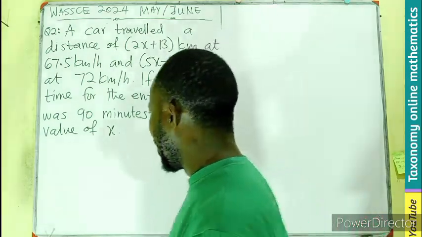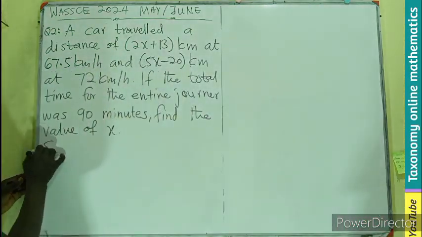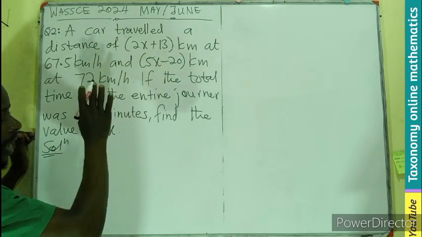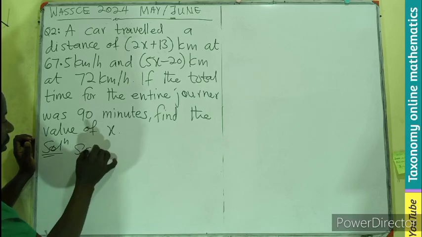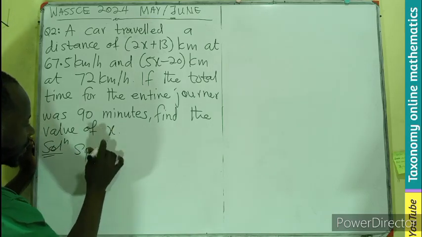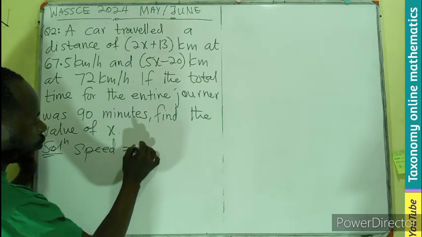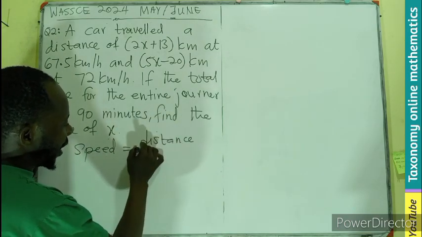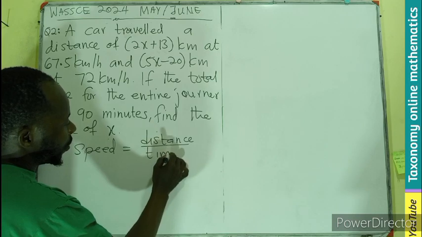Right away, let's recall the relationship between distance, time, and speed. We know speed equals the distance covered over the time taken.